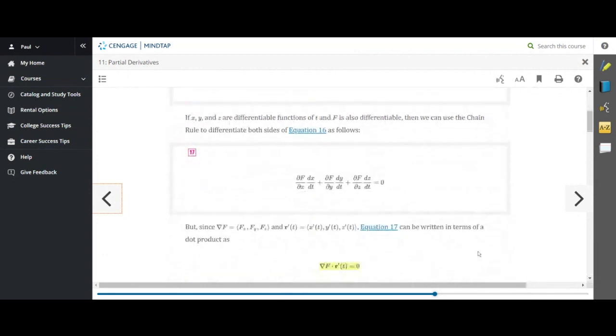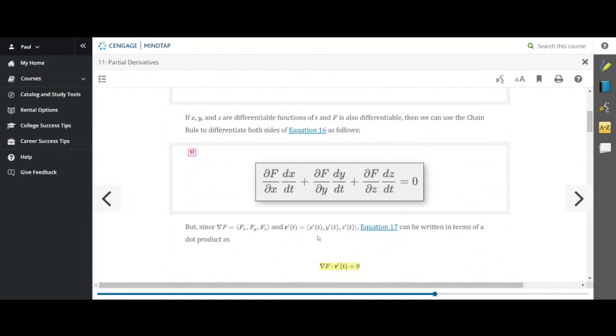Well, by the chain rule, if you were to differentiate the function with respect to t, this would be your chain rule right here.